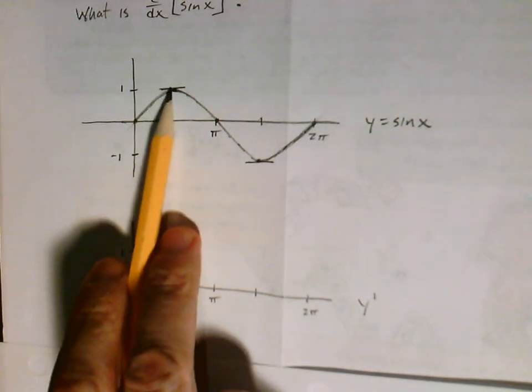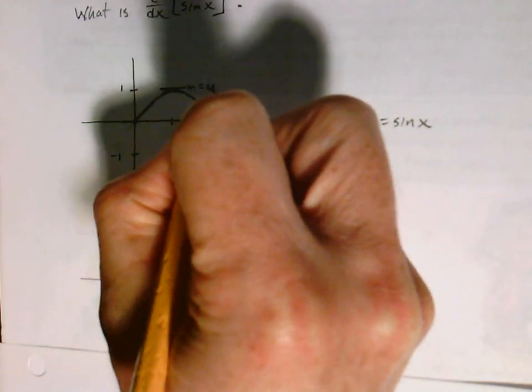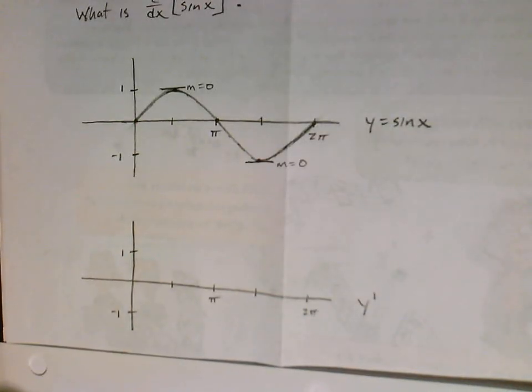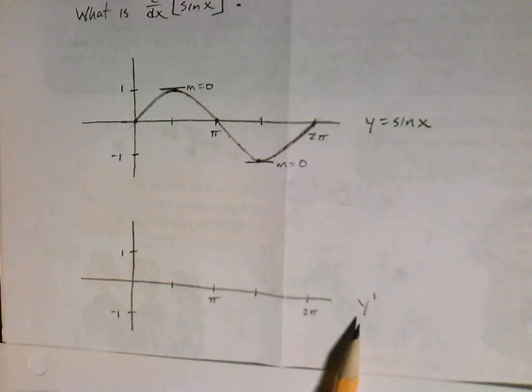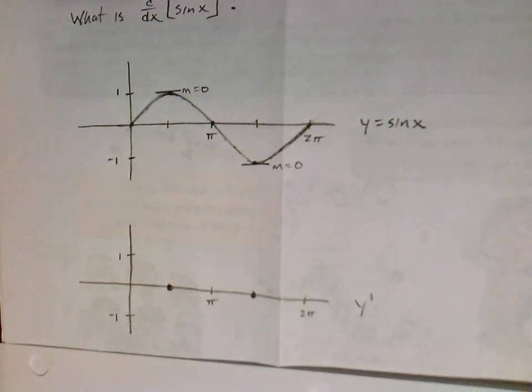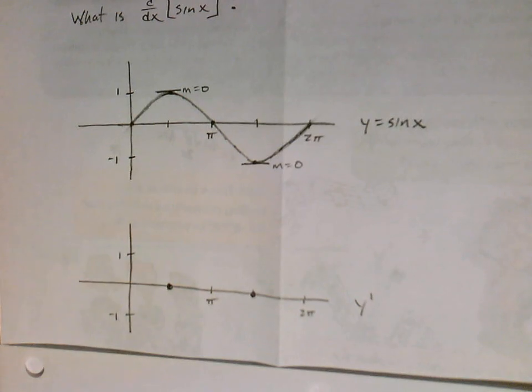If there's a horizontal tangent line there, the slope of that is 0, right? At those two locations. So down here, if I'm graphing the derivative, then I know my derivative value is 0 at each of those points. If the tangent line has a slope of 0, then my derivative value is 0. That's what I would graph.